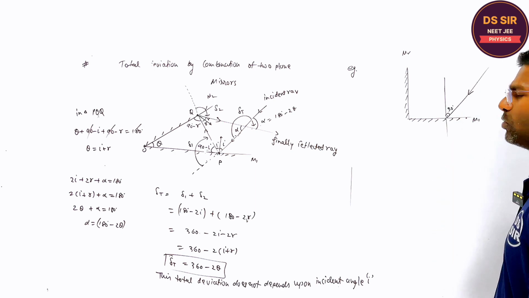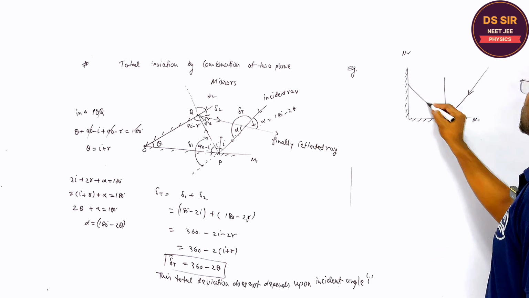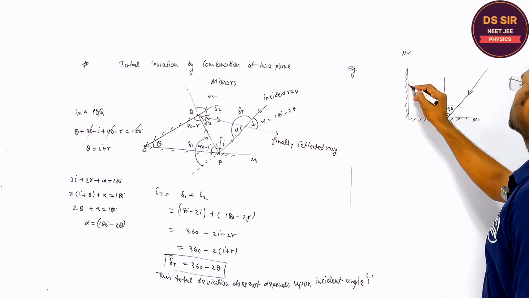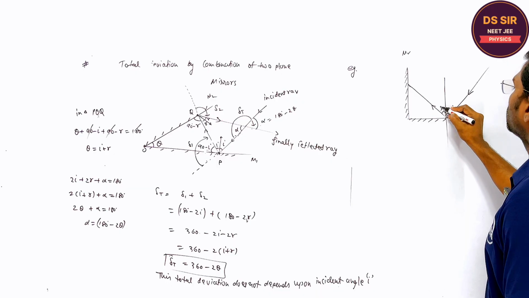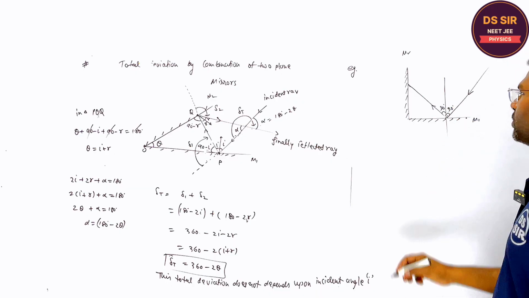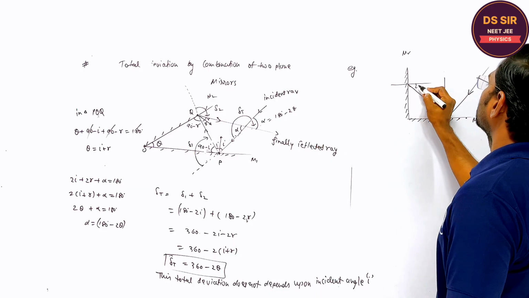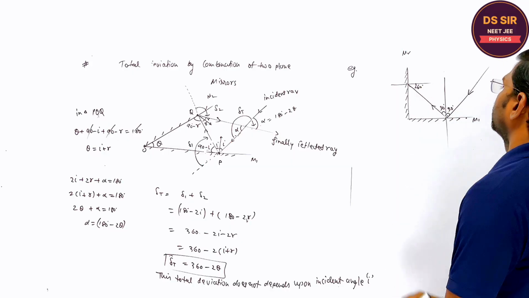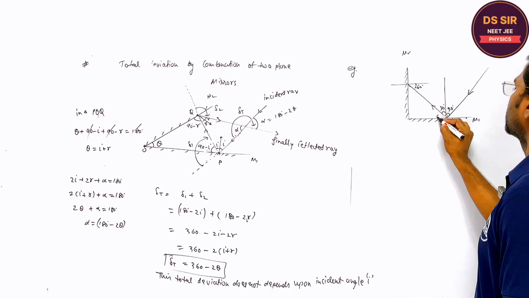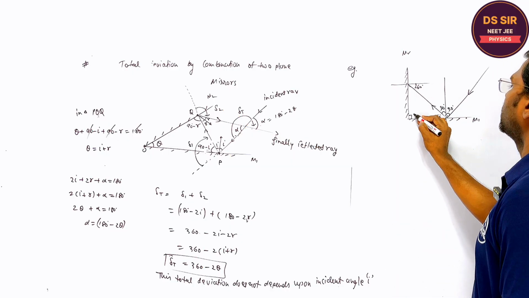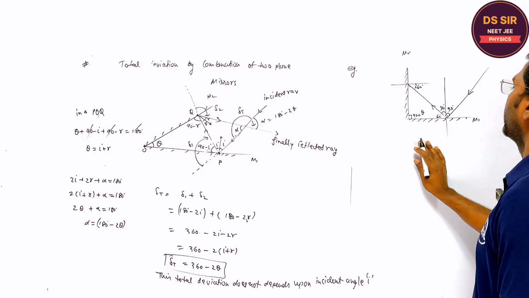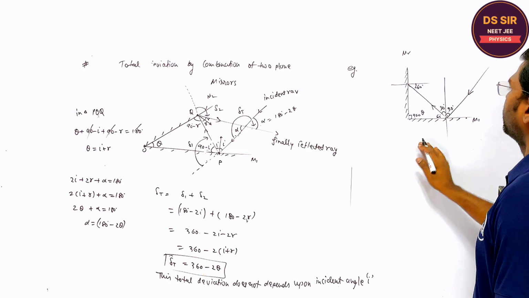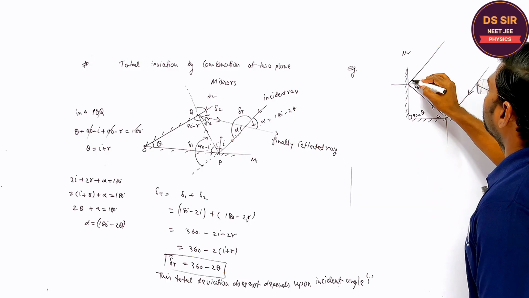After reflection, this angle is also equal to 30 degree. This is 60 degree, this is 60, this is 90, theta is 90 degree, and it will be reflected back.